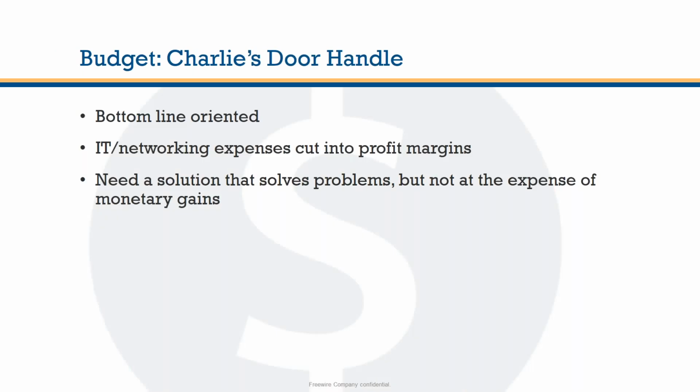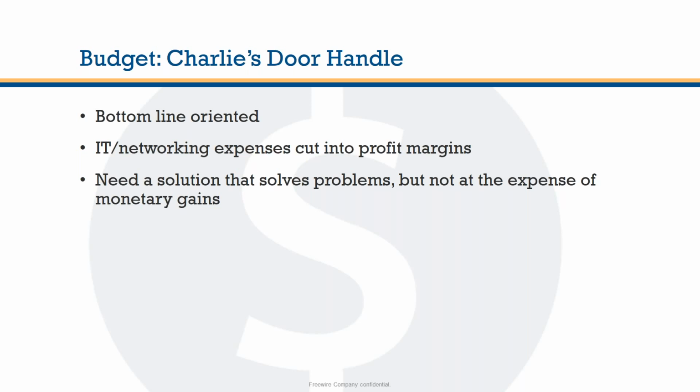So first and foremost, let's take a look at the budget. This is something that always has to be addressed upfront when we're talking to end customers. Now, Charlie's Door Handle is very bottom line oriented. While most companies and most industries are conscious of their bottom line, certain industries are more sensitive to the bottom line than others, retail being one of those industries.